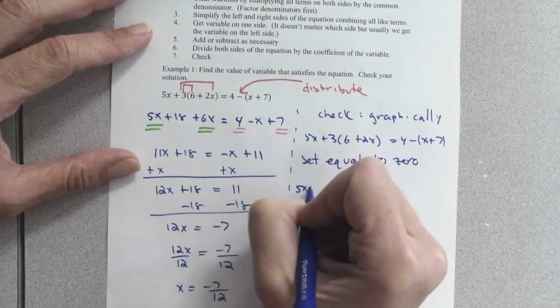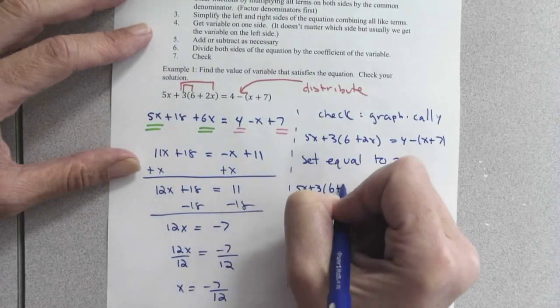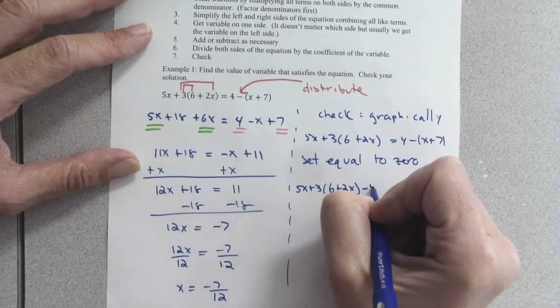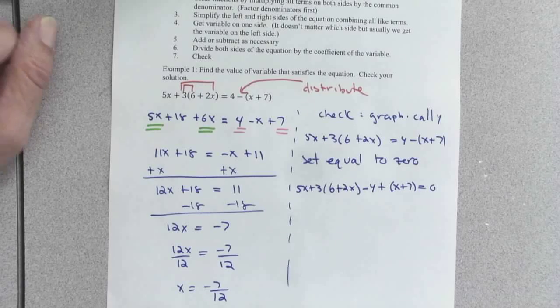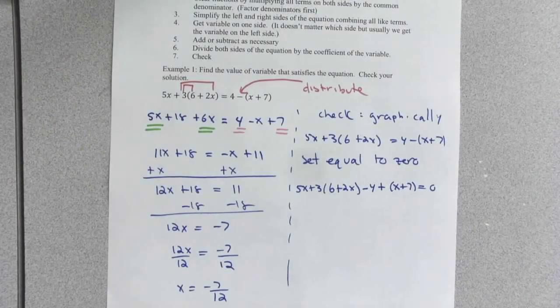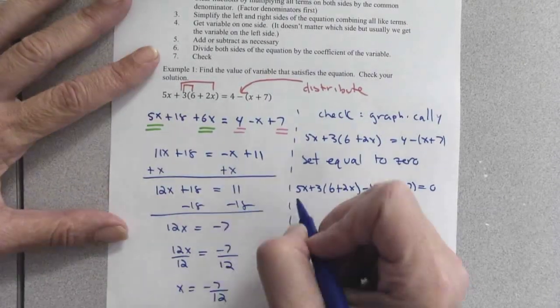So that's going to be 5x plus 3 times 6 plus 2x minus 4 plus x plus 7 equals 0. Notice I didn't distribute anything. I just moved everything to the left side. So moving the 4 to the left, it became negative. Moving the minus 7, minus the quantity x plus 7, it became positive.